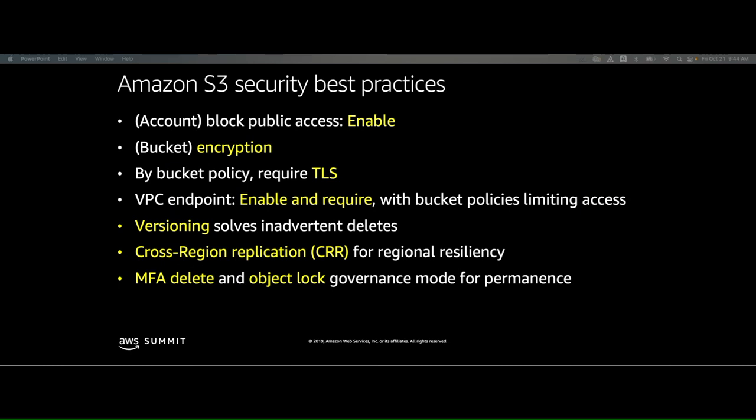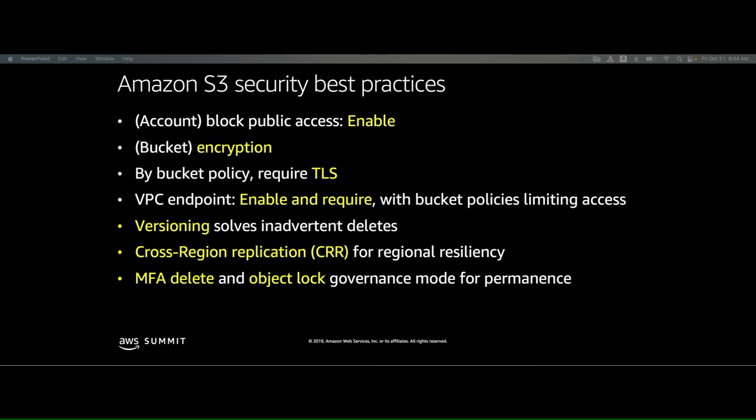These are the things we have to think about when creating a bucket, if you want to make sure that both your bucket and your objects are secure. First, when you create your bucket, don't change the block public access settings, because by default public access is blocked.